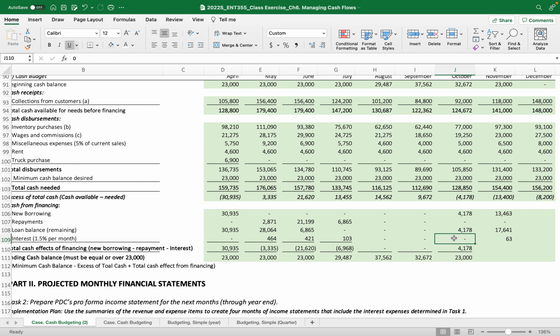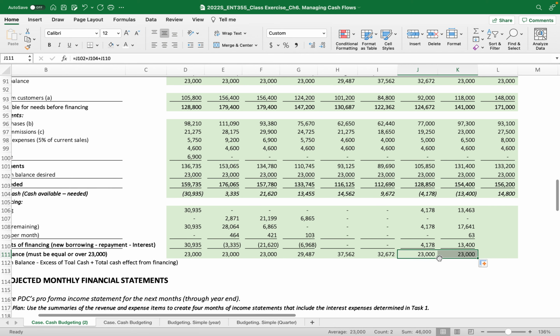Now, okay, just give me a second. Then the cash effect from financing is 13,400. Then let's just drag one more time, because again you have to get that insight.